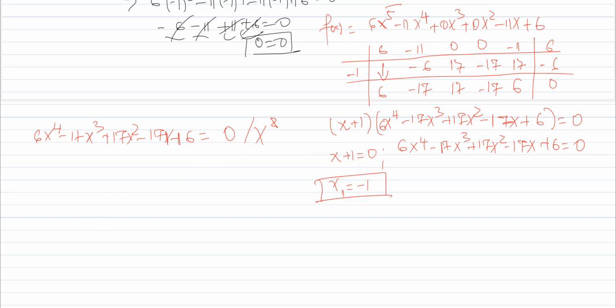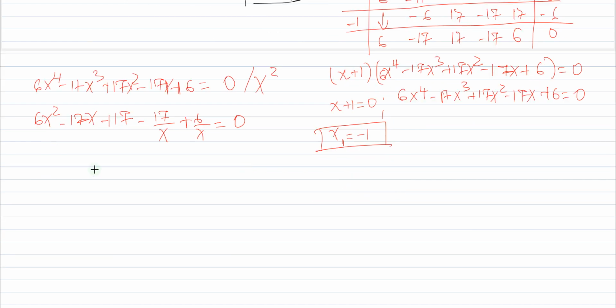I'm going to have 6x squared minus 17x plus 17, because 17x squared divided by x squared is only 17, minus 17 divided by x, plus 6 divided by x squared, equals 0.